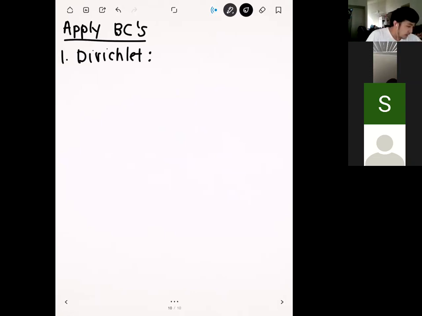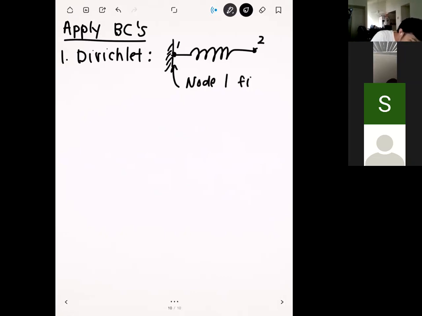Let's look at our system again, or let me just draw part of it. This is just part of our two-element system from before. What you can see here is that node 1 is completely fixed. Since node 1 is fixed, the way we express this mathematically is we can say that D1 is equal to 0.